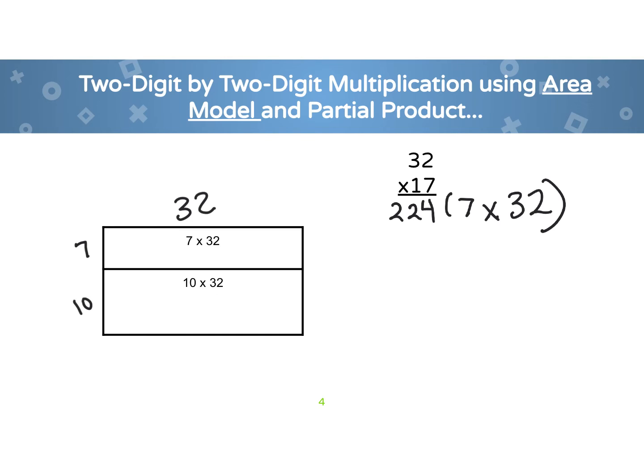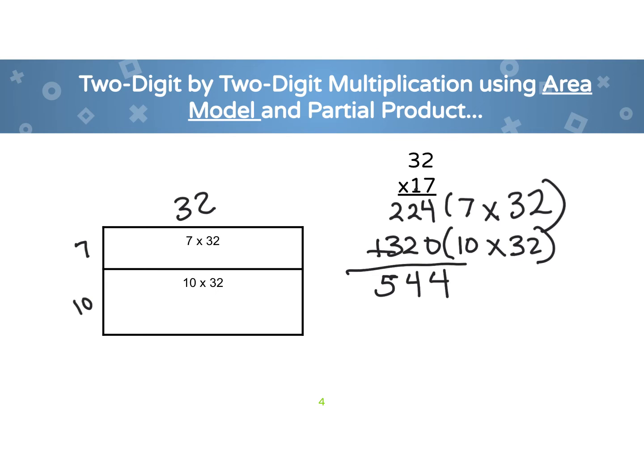My second partial product down here, I'm going to say that 1, but that's not really a 1. Remember, it's in the tens place, so it is going to be 10 times 32. That's my second partial product. And we get 32 tens. We add those together and we get our product.